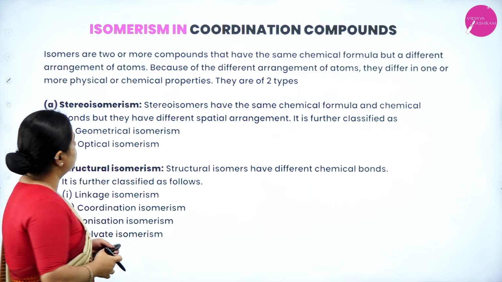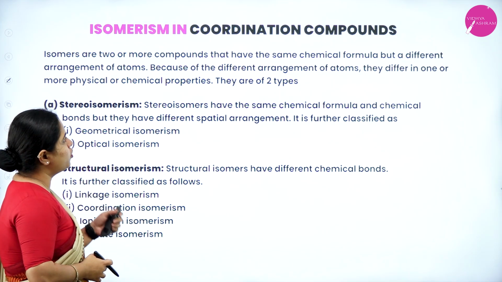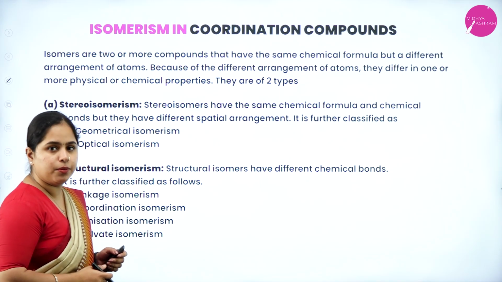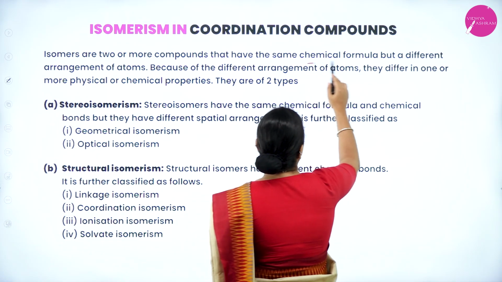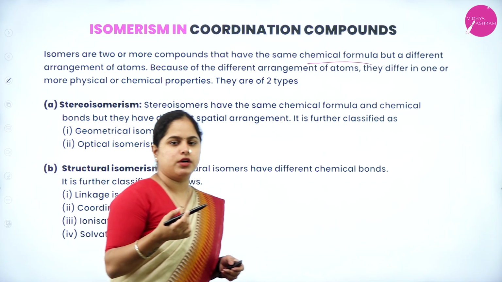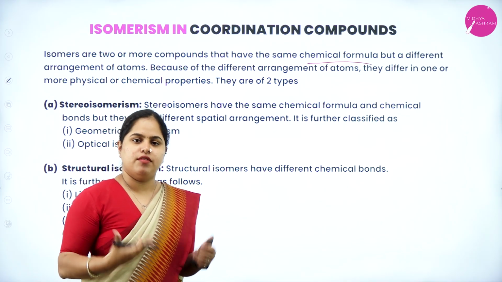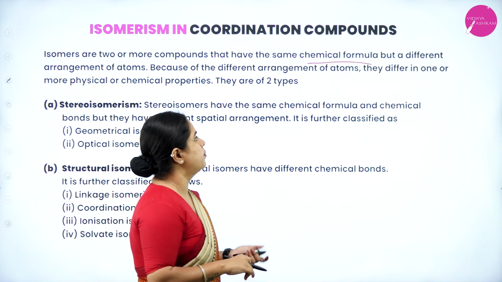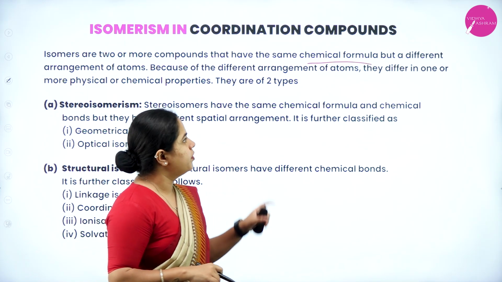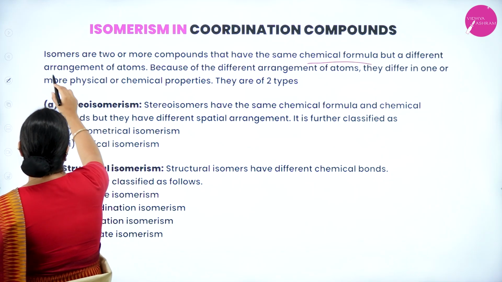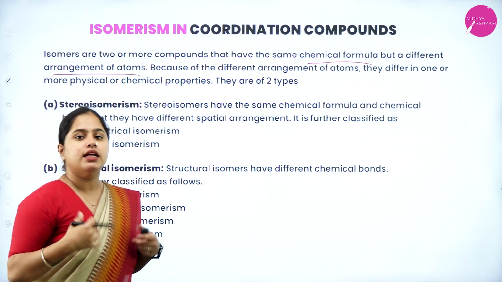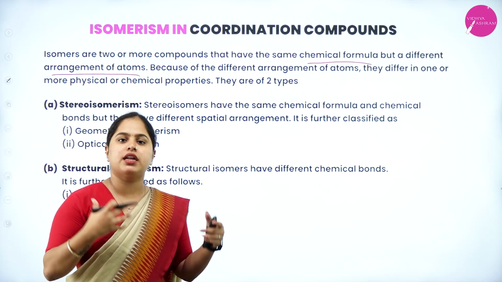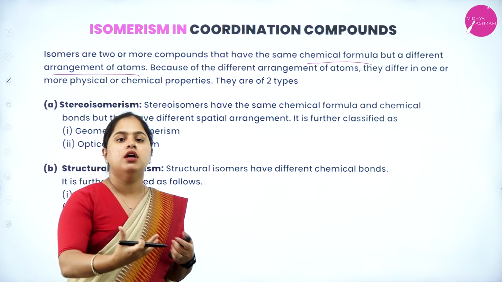So beginning with isomerism, isomers are 2 or more compounds that have the same chemical formula. We already know this definition about isomers. They are different compounds having the same molecular formula, but something else is differing. The chemical formula is the same, but the arrangement of atoms is different, something related to the spatial arrangement and the bonds.